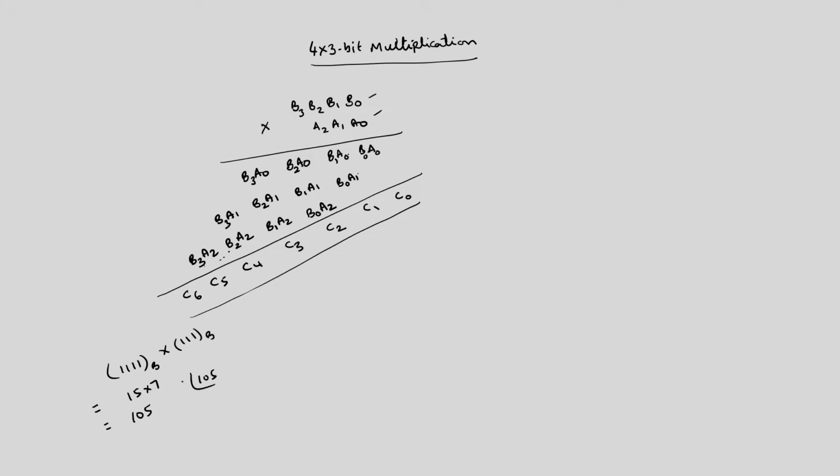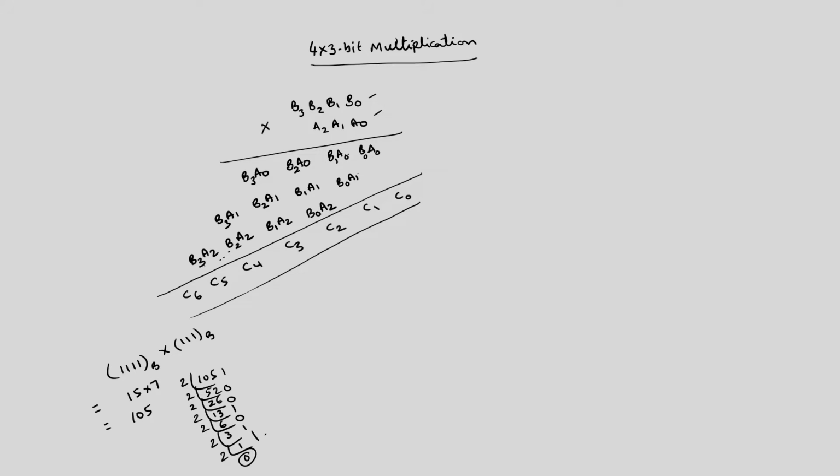105, if you divide successively by 2, this is 52, 1 is the remainder; then 26, 0 is the remainder; 13, 0 is the remainder; 6, 1 is the remainder; 3, 0 is the remainder; 1, 1 is the remainder; 0, 1 is the remainder.